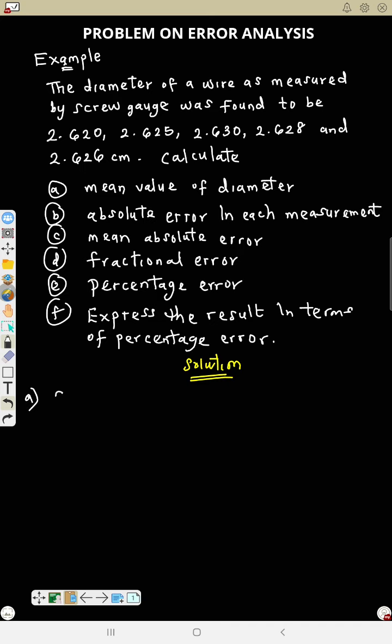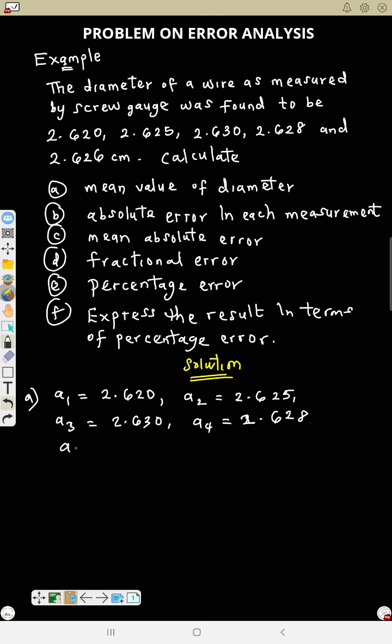Now, for observation 1, let's call it A1. So A1 is 2.620, A2 is 2.625, A3 is 2.630, A4 is 2.628 and A5 is 2.626.